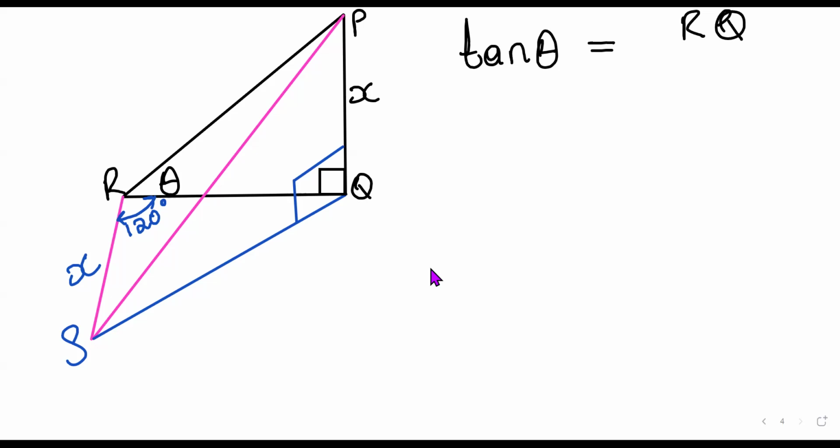Okay? So the opposite side here is just going to be PQ, which has a length of x. And we divide this by the adjacent side. The adjacent side is going to be RQ. Well, this is what we say.